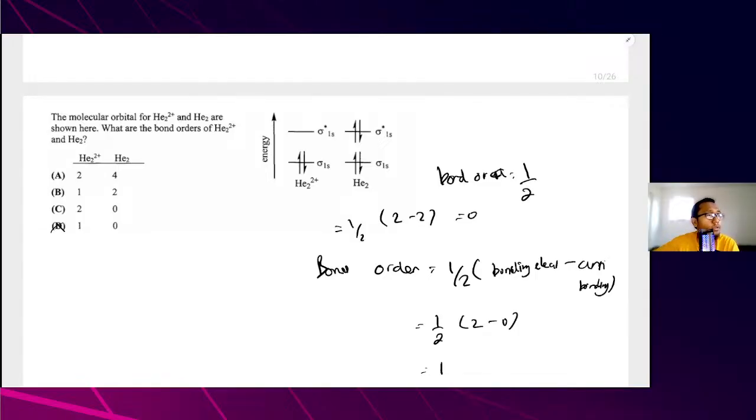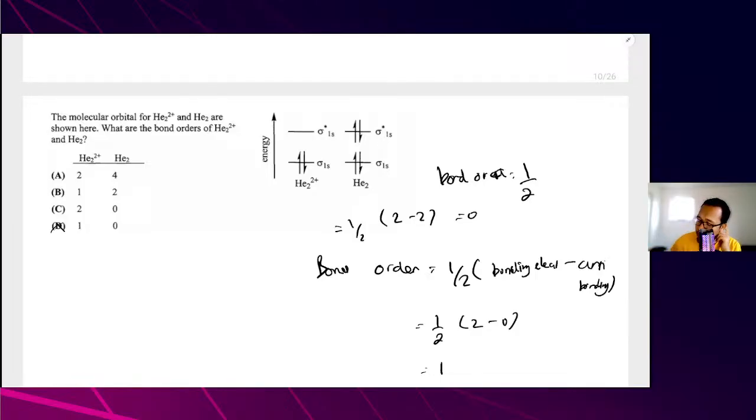So the number of bonding electrons minus the number of anti-bonding electrons, 2 minus 0 and 2 minus 2. So the answer will be T.